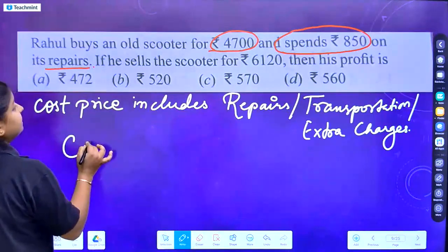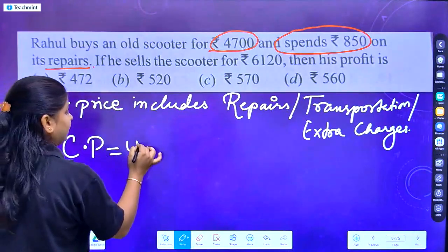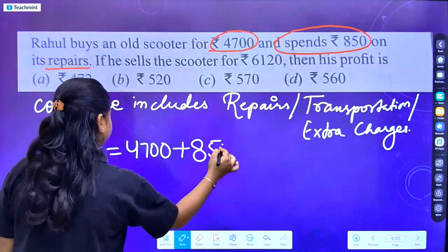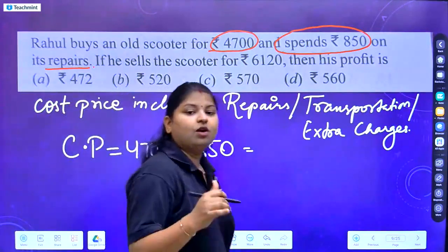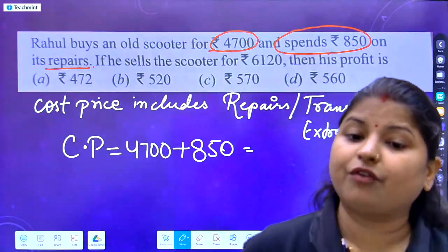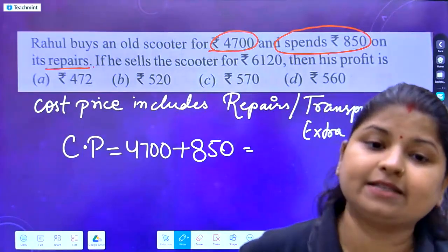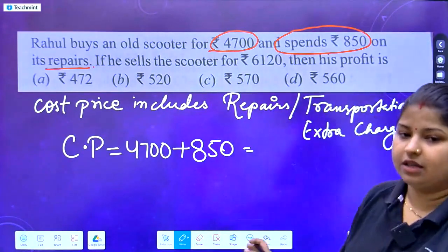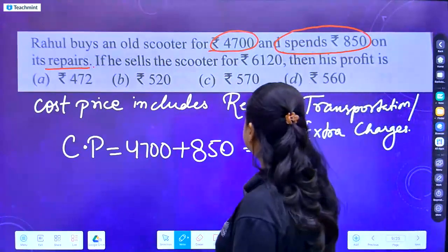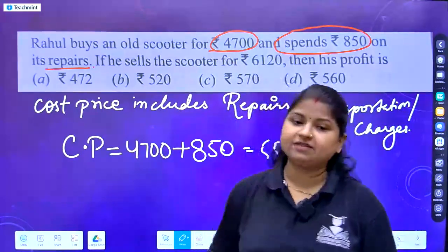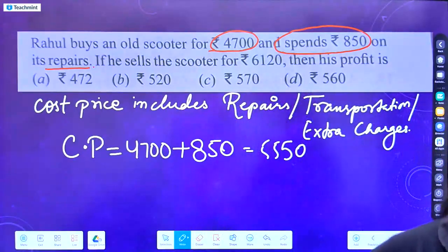my cost price is not only 4,700, but it's 4,700 plus 850. You can easily add it. 5,550, right?